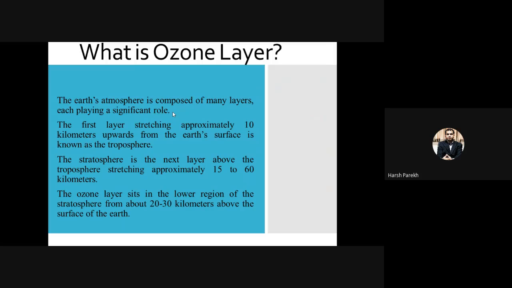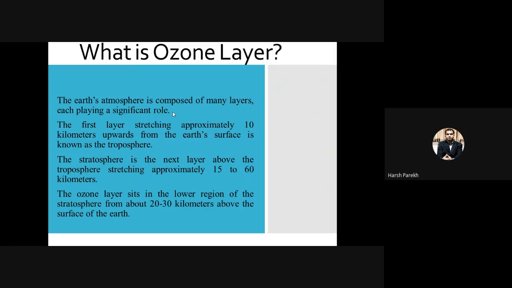The first layer, the troposphere, stretches approximately 10 kilometers upward from the earth's surface. The next layer is known as the stratosphere, which is approximately from 15 to 60 kilometers from the earth.